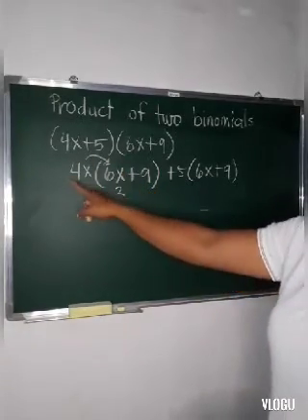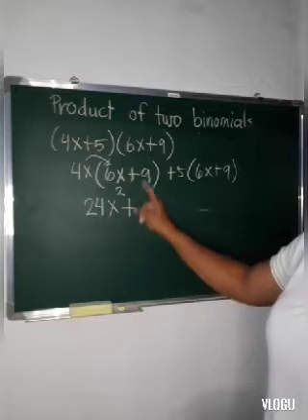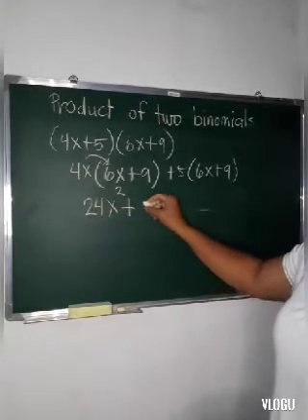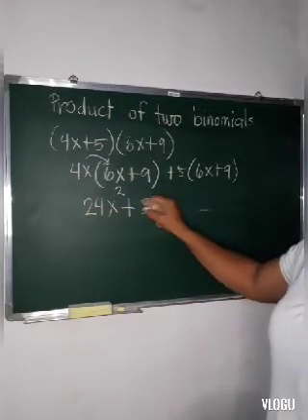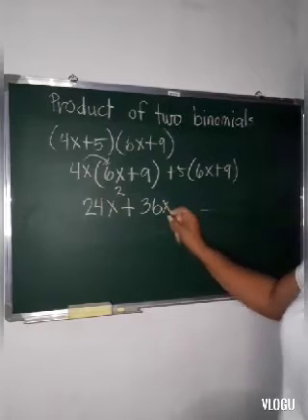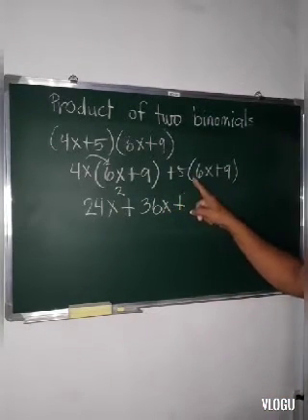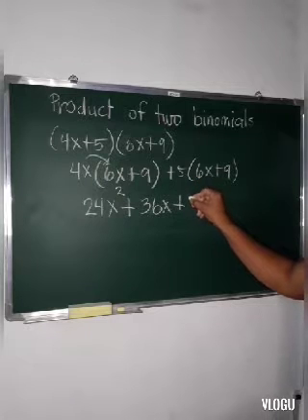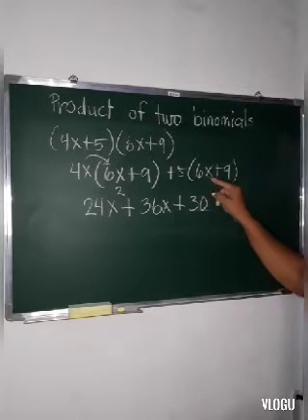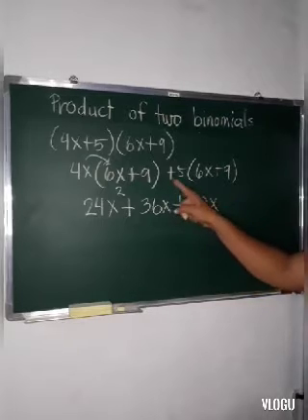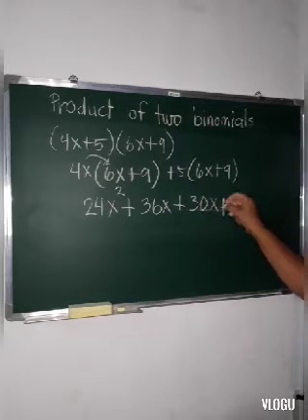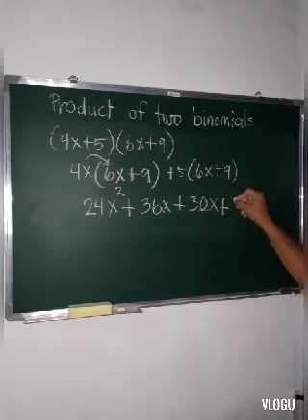Next, positive times positive is positive. 9 times 4, 36. And then copy x. Next, positive times positive is positive. 5 times 6 is 30. Then copy x. Next, positive times positive is positive. 5 times 9, we have 45.